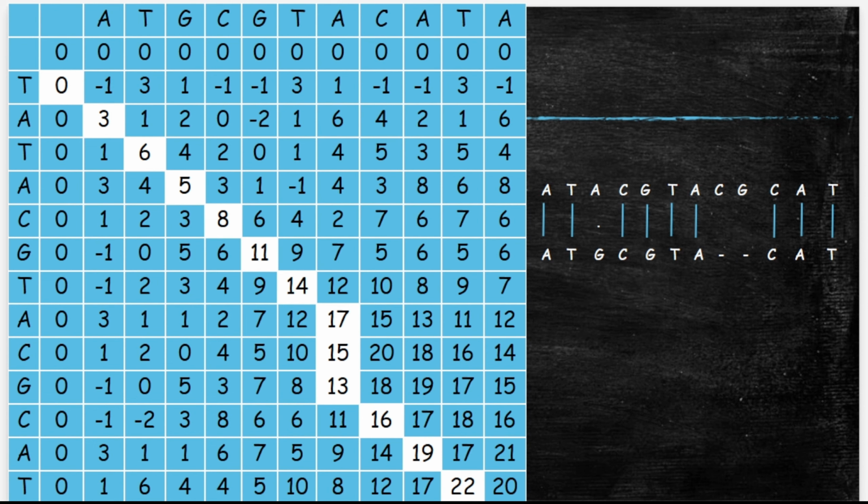Then the next one, which is 16, we have C to C, which is a match. And then the next one we have 19, A to A, which is also a match. Then the next one, which is the optimum score, that's T corresponding to T, and that is a match.